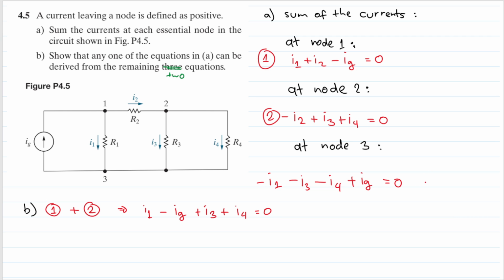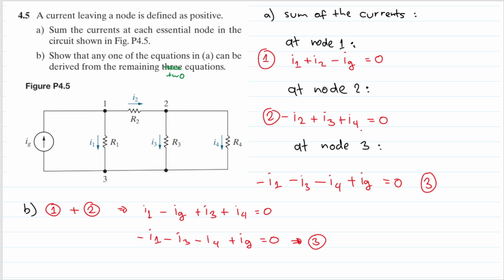So this is equation number 3. Okay, and we can rearrange this by moving all of them to the right hand side. So we will have minus I1 minus I3, and then minus I4, and then plus Ig. That will equal 0, and that is exactly equation number 3.